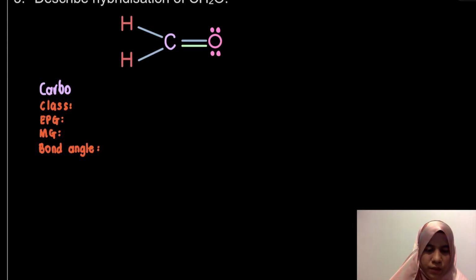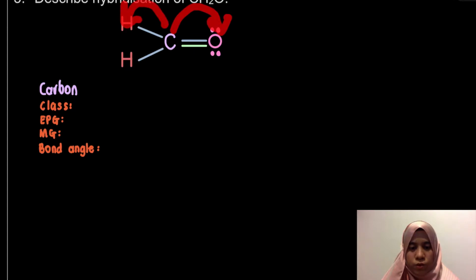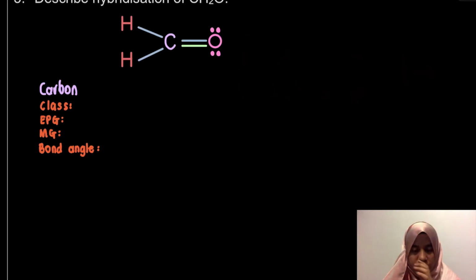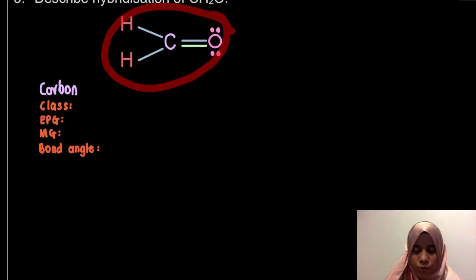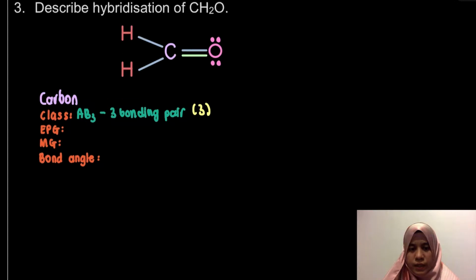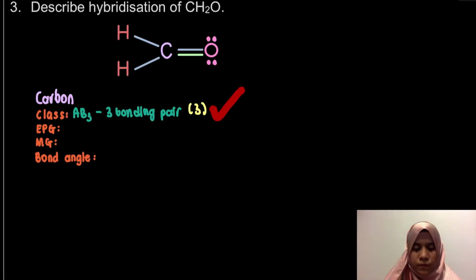For carbon itself, it is bonded to how many atoms? It is bonded to 1, 2, 3. There are 3 bonding pairs: one is oxygen and we have 2 hydrogens. So it is bonded to 3 atoms, so it is AB3. When it is AB3 with 3 bonding pairs, the total electron pair is 3.